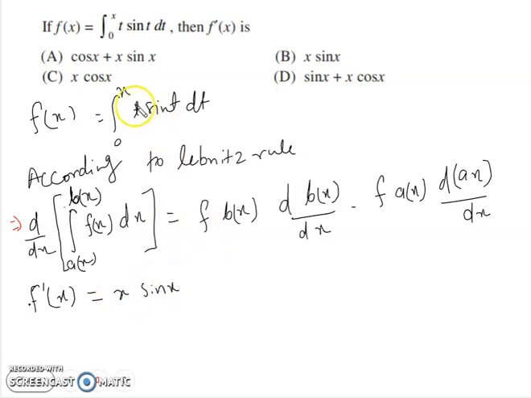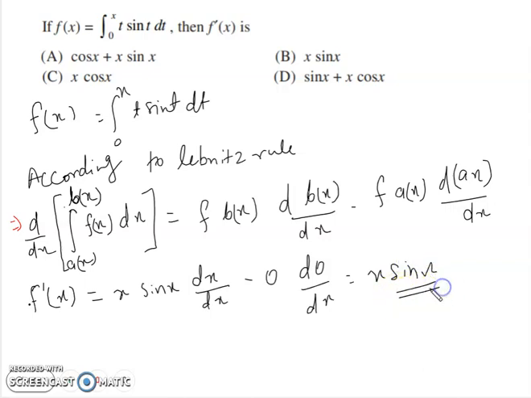So it will become x sin x, and the differentiation of the upper limit is dx by dx, minus, after putting in 0, it will become 0 into d0 by dx. So it will become 0 and cancel out, so f dash x equal to x sin x. So it will be the correct answer. So thank you.